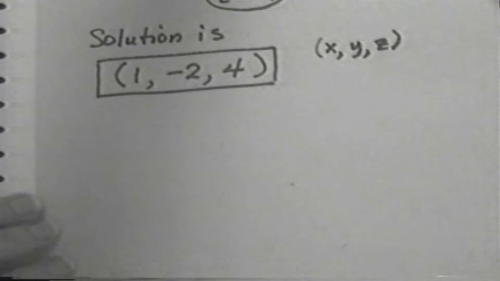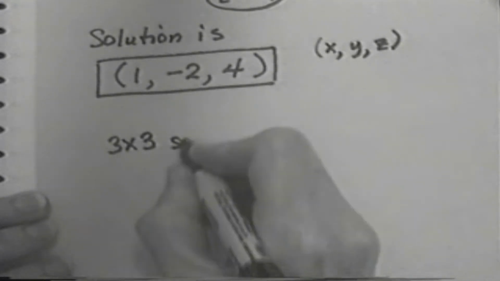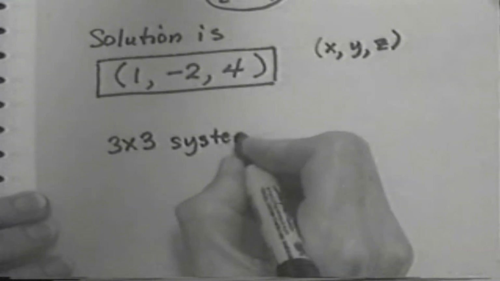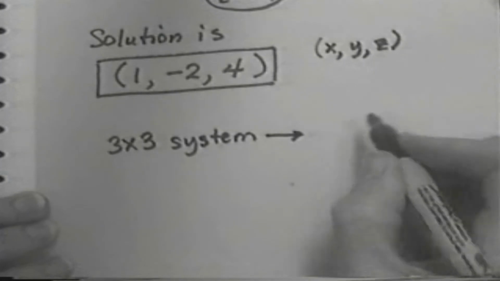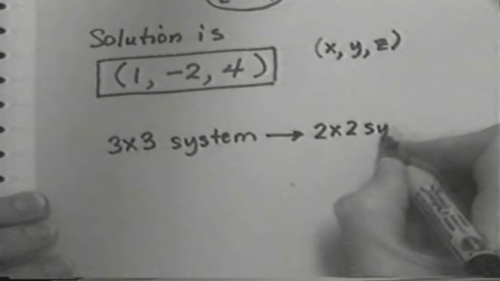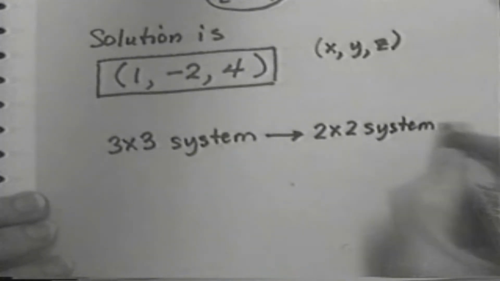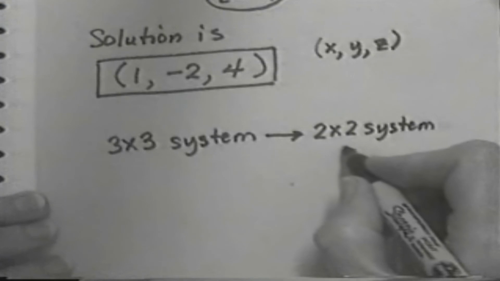Let's summarize this. We have a 3x3 system. We go from there to a 2x2 system. In the 2x2 system, we solve.